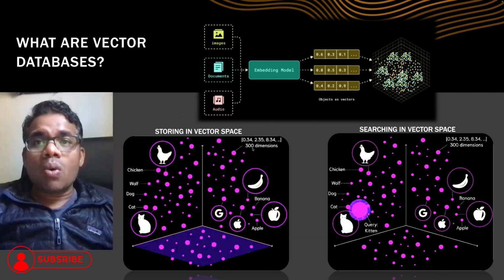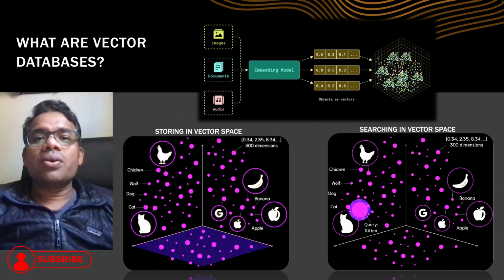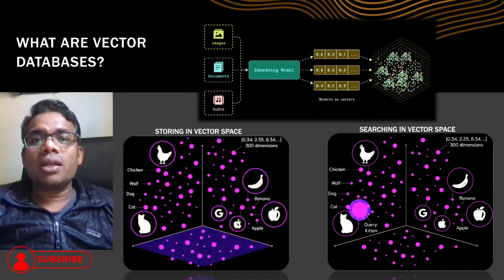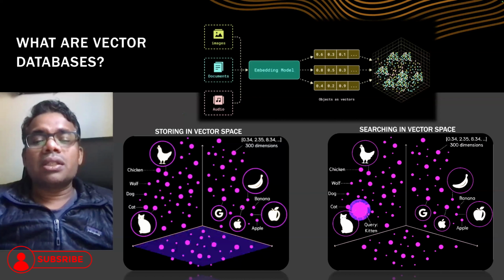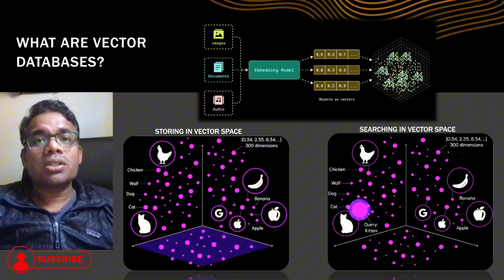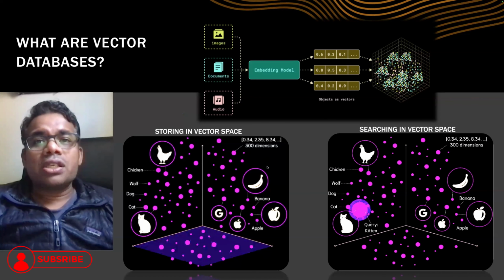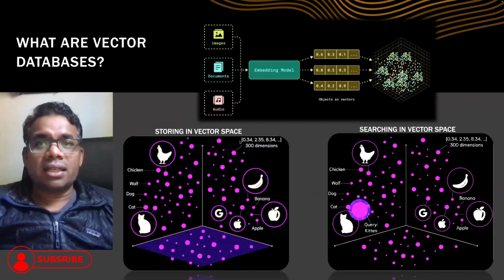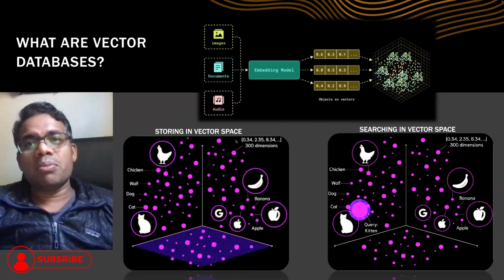Now there is another thing. Here, Google and Apple: how will it differentiate between the fruit apple and the apple company? Some more information is required to store these to make it relative. Whenever you store any information in the vector space, every vector has an address, like a memory space address.